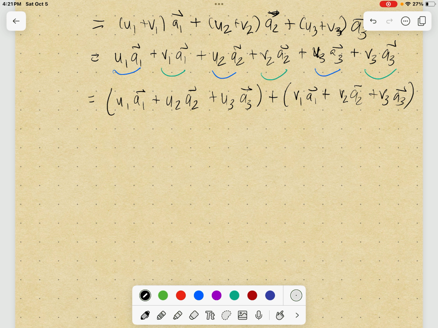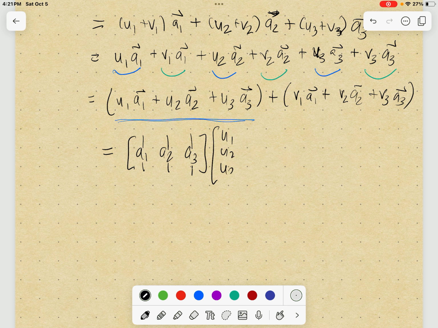But why did I do that? Because does that remind you of anything? That is A times, so it's this matrix whose columns are a1, a2, and a3, that's what A is, times the vector u1, u2, u3. That's what that is by definition.